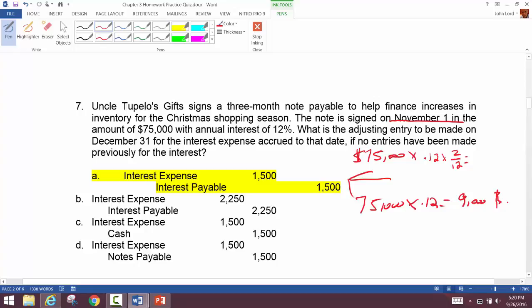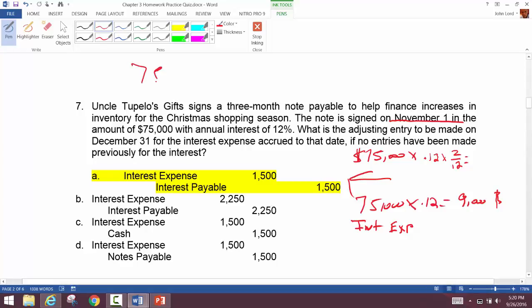Okay? So what's going to happen? When I go to pay the guy back, I'm going to debit interest expense, and I had already set up, actually, let's do it this way. It's 9,000 total, but let's do it this way.